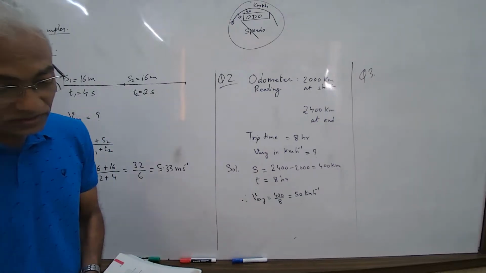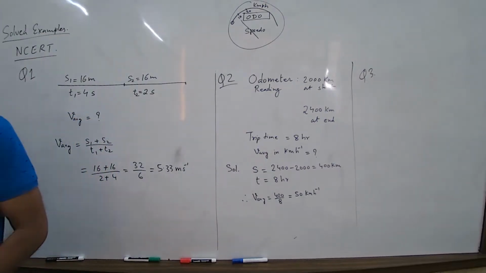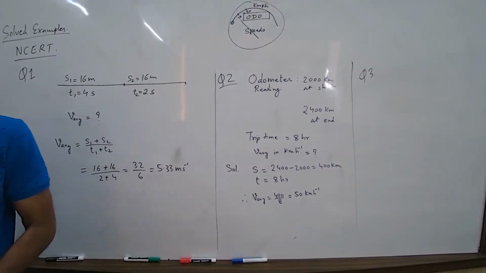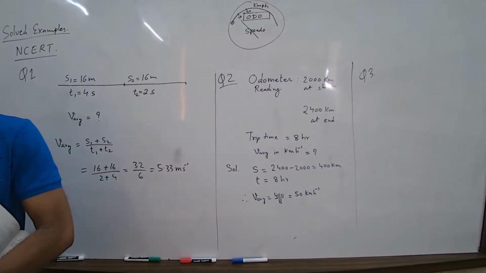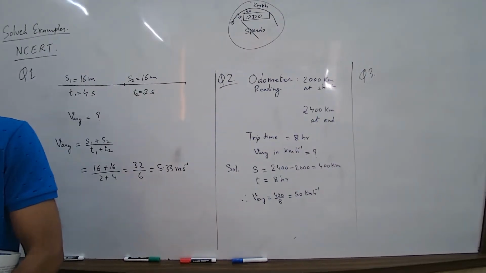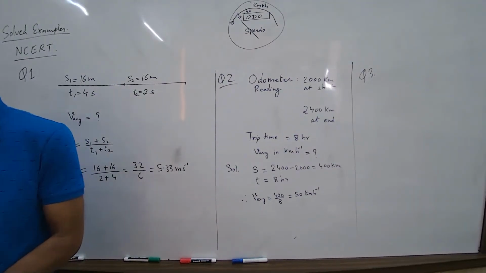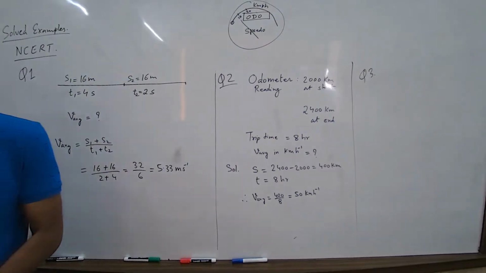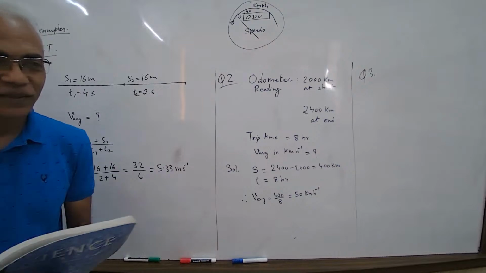Under what conditions is the magnitude of average velocity of an object equal to its average speed? Let me go slow.